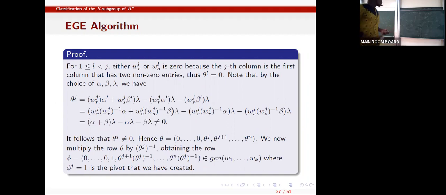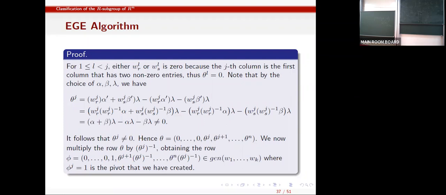So for this new row, theta, that we're creating, all the entries at the left-hand side of WR and WS, we either have WR or WS.